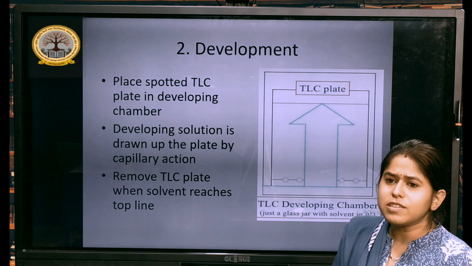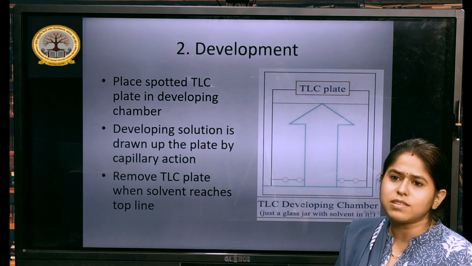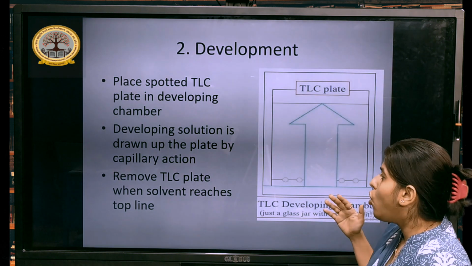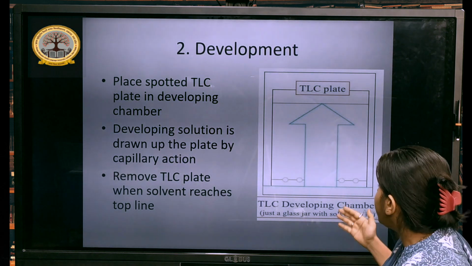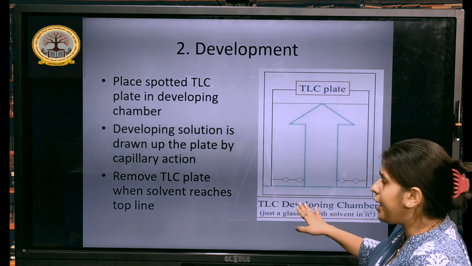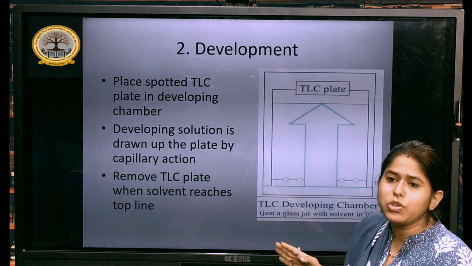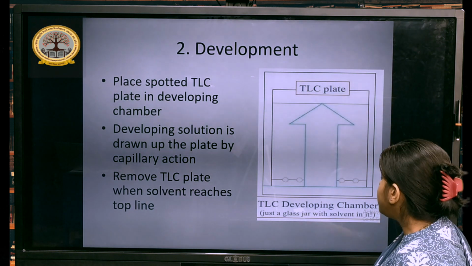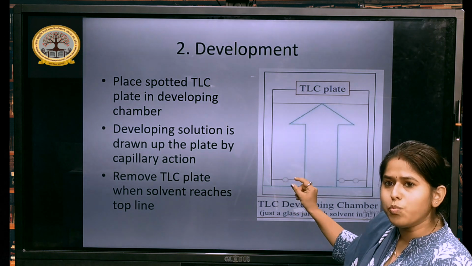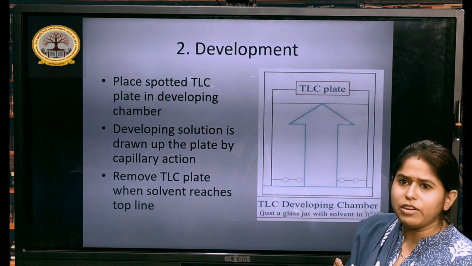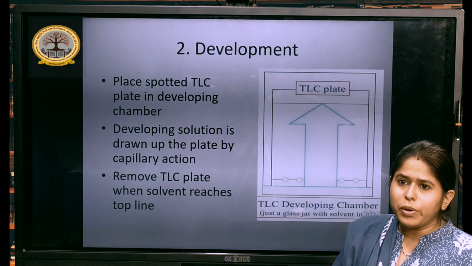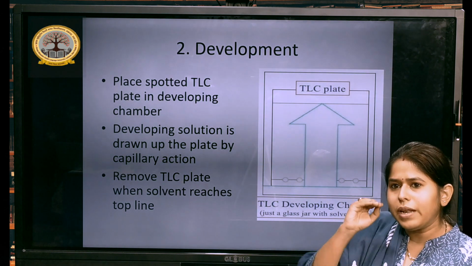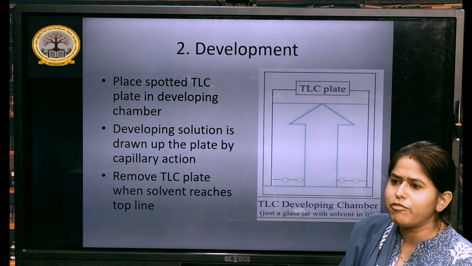In the development phase, which helps us to actually resolve or separate the compounds into their individual components, we put our TLC plate into a developing chamber made of glass, and we have a very small quantity of mobile phase present in it. The amount of solvent that we are using is just below the starting line that we have marked.